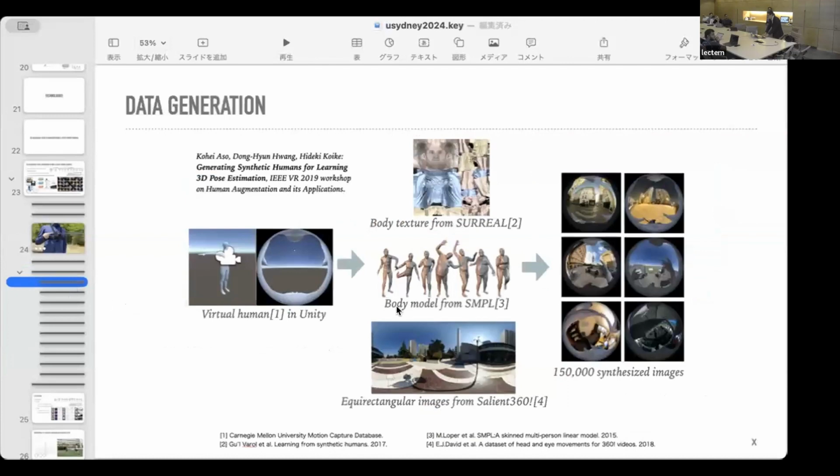For example, as you see here, we make different textures of the users, use different body shapes, and also use different backgrounds and different lighting conditions inside the virtual world to make the data set as near as possible to our real environment.